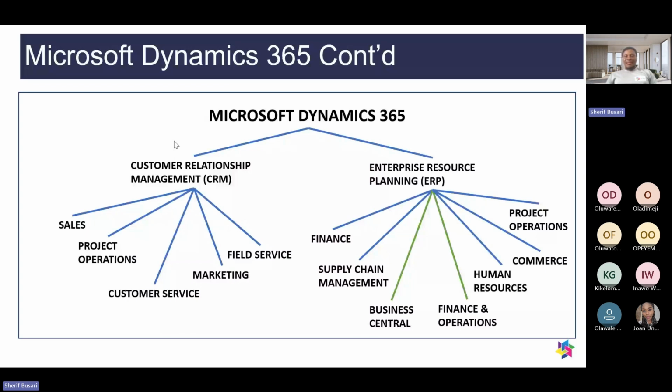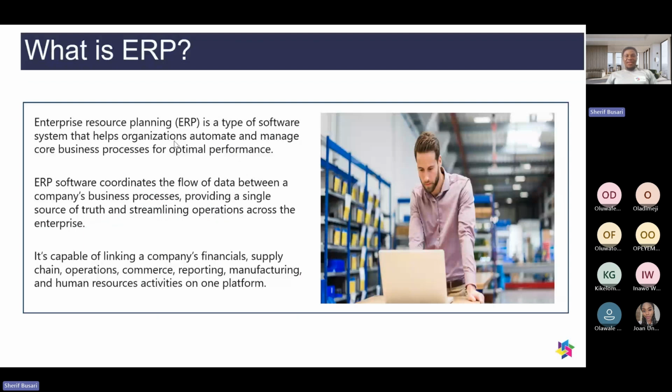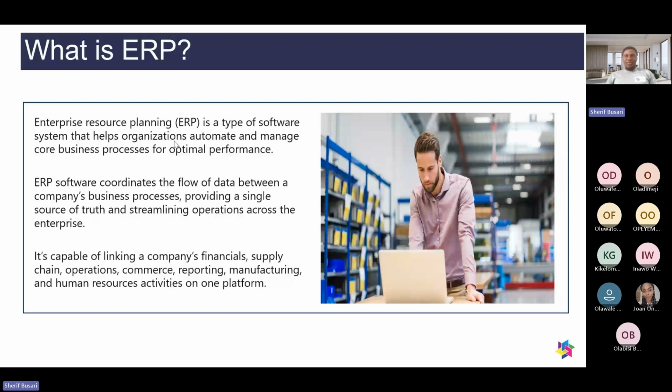So these are the categories that I would like to make the difference on before we go into what Business Central is specifically. What now is enterprise resource planning, just as I've mentioned? It's the software that is used to automate and manage your core business processes within your organization.